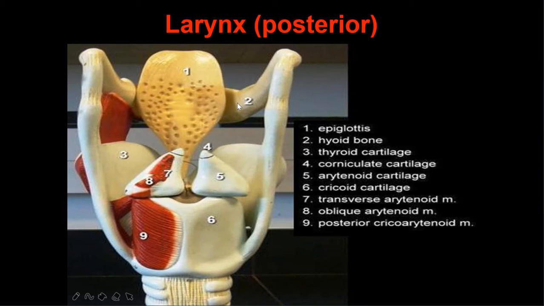This is again the hyoid bone, the arytenoid cartilage, the corniculate cartilage, and the cricoid cartilage, with the transverse arytenoid muscle, oblique arytenoid muscle, and the posterior cricoarytenoid muscle. All these are the intrinsic muscles of the larynx.